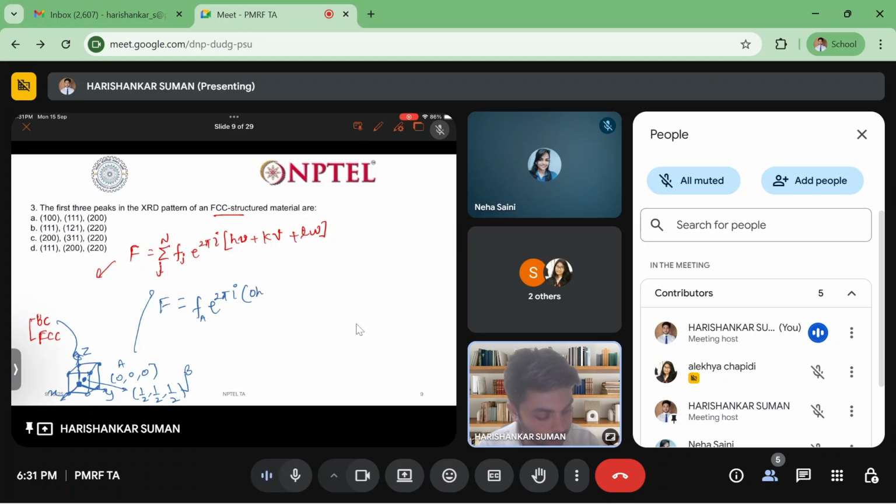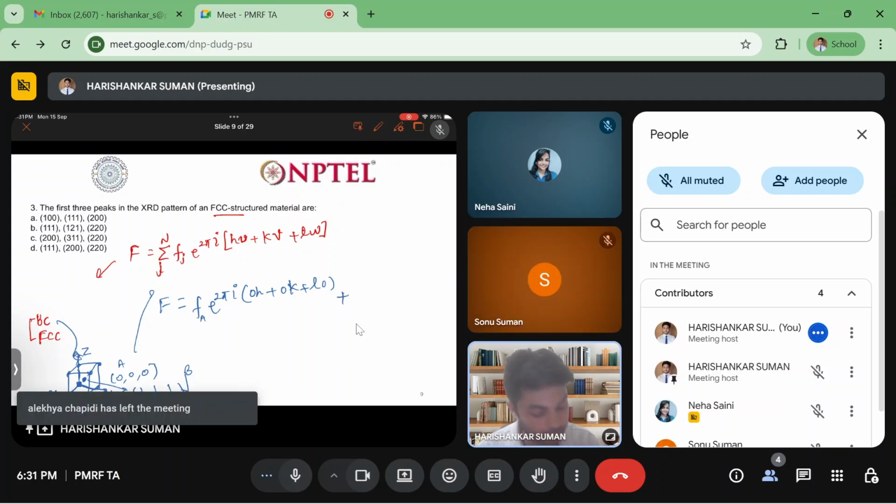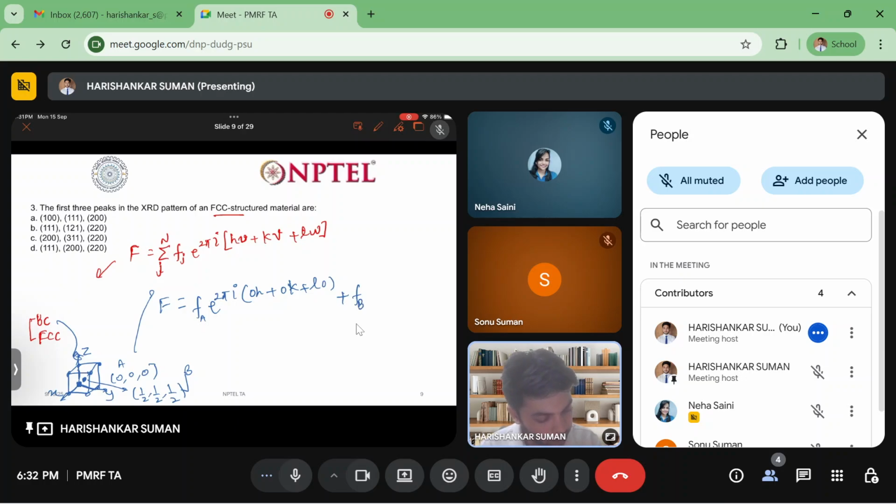So when we put 0, 0, 0, this is for atom A. Similarly, for atom B, the position is half, half, half with H, K, L. Taking 2 pi common, the phase is e to the power pi i times (H plus K plus L).